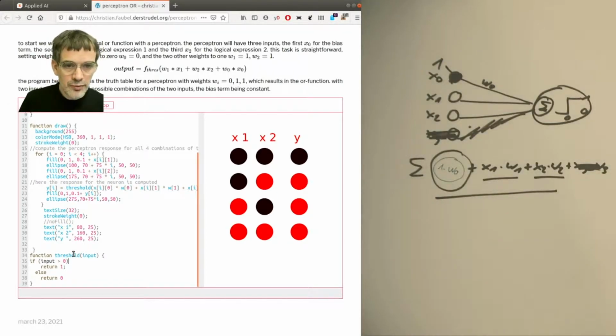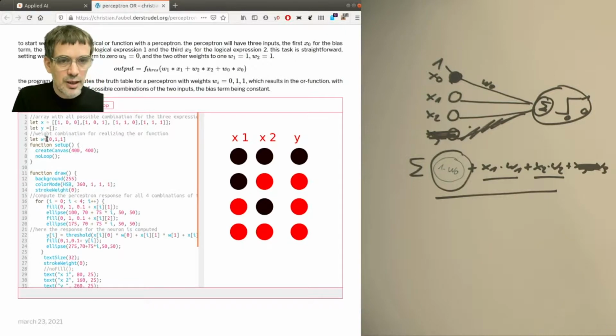You can play around with the script a little bit. One thing is that the solution here with the weights 0, 1 and 1 is one possible solution. It's relatively straightforward to come up with this weight setting given the result we want to obtain. I would recommend you to do that computation on your own for these different values of x1 and x2, and you will see that you get the right truth table.